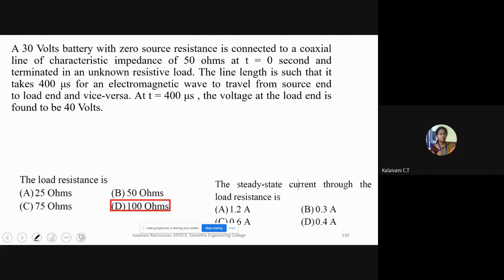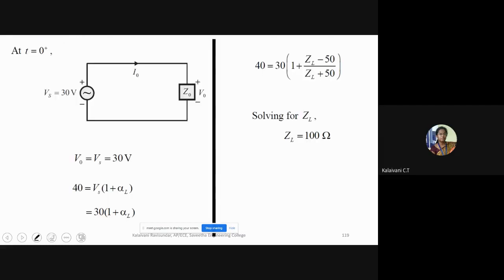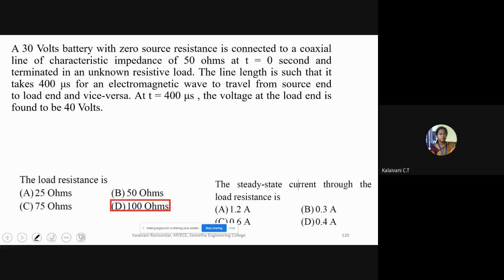If you simplify, you will get ZL is equal to 100 ohms. How to simplify? You know the simplification, it is mathematical simplification only. Take this 30 to the other side. After that, take 1 here. After that, cross multiply and find the value of ZL. You will get ZL is equal to 100. So the first answer you got is 100.